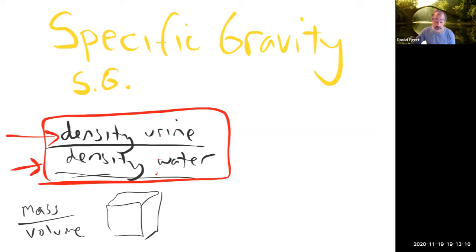It's just a ratio. If you've just been drinking tons of water and your body is getting rid of lots of water and your urine is super dilute and it's almost like peeing out water, what's the specific gravity going to be? It's lowered.